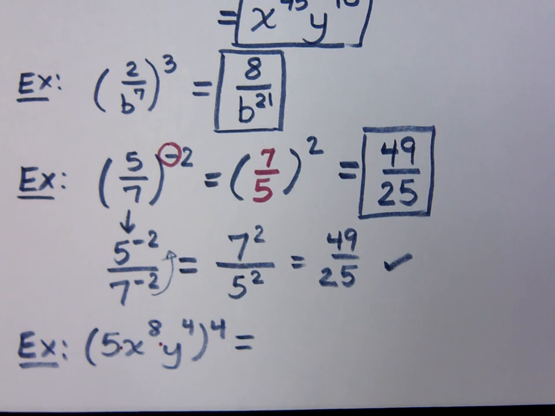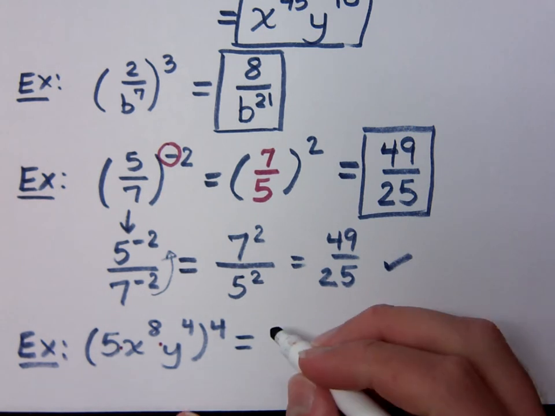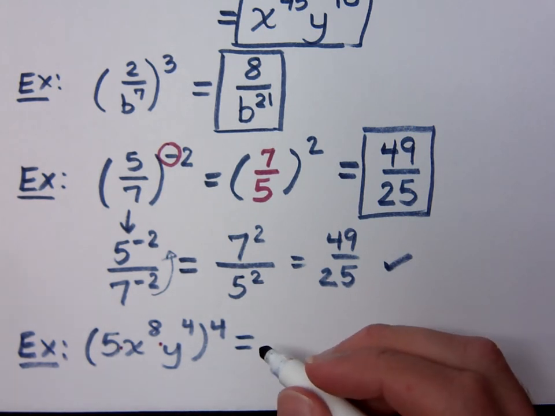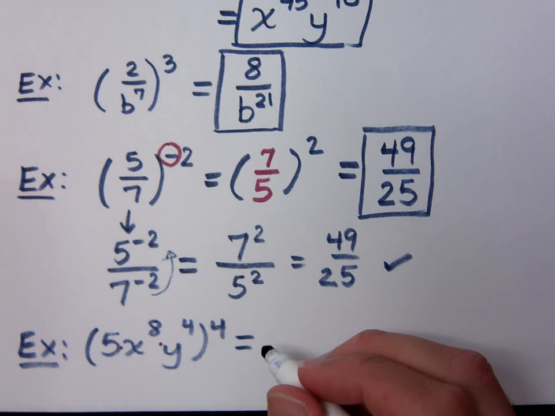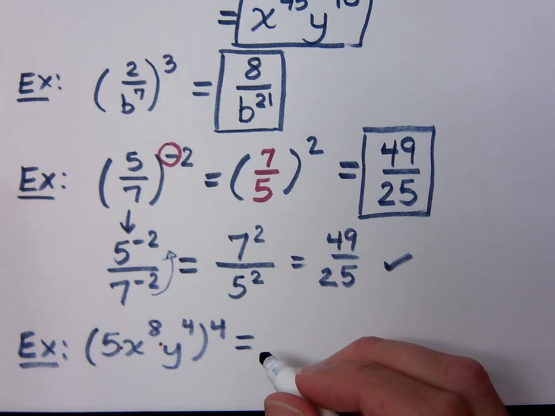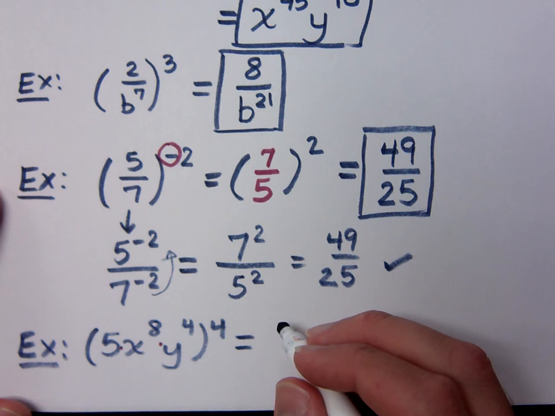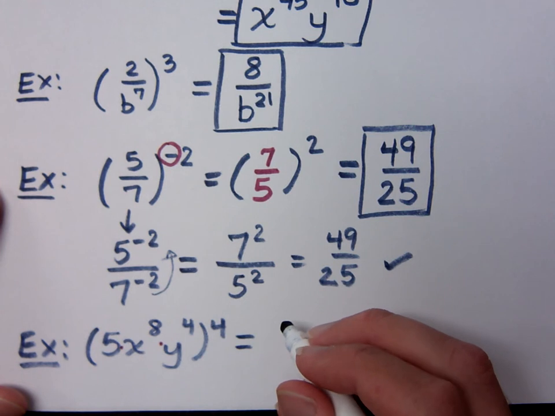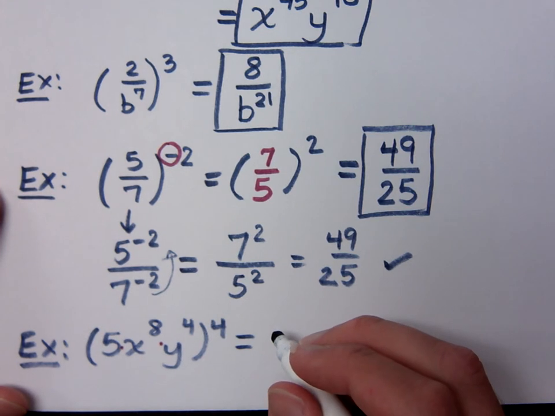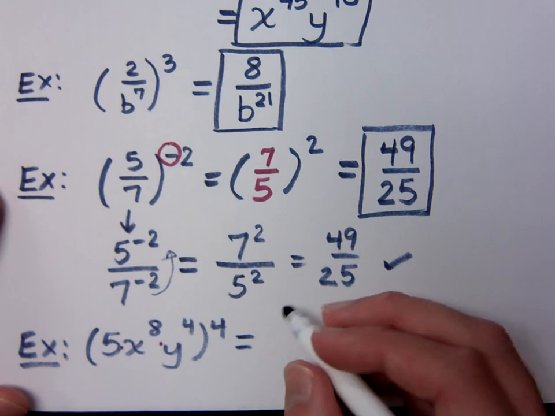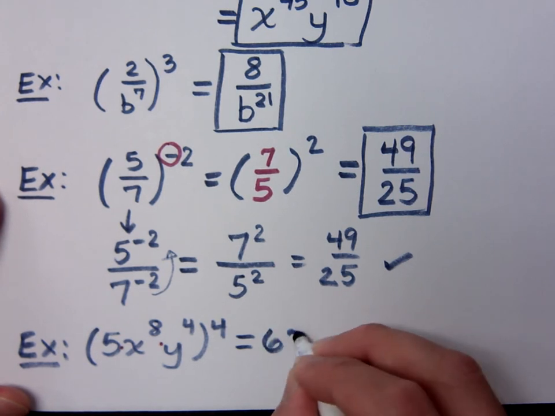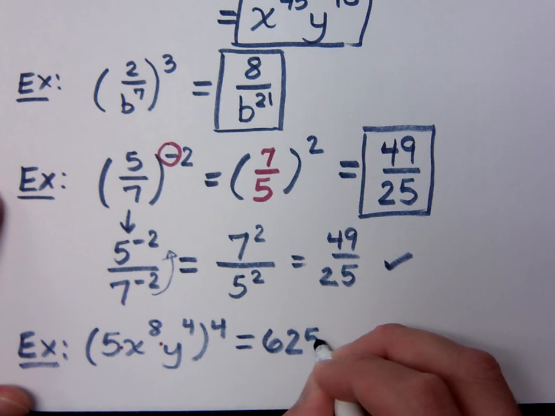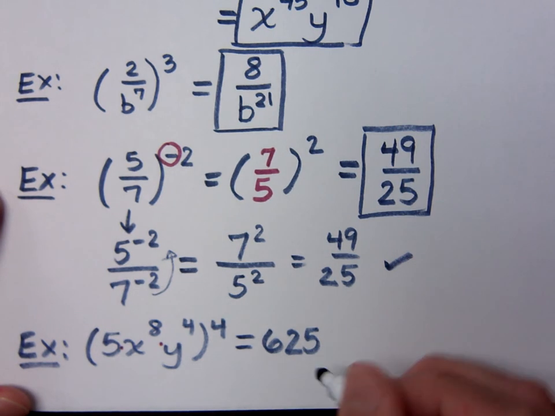What's 5 to the 4th? That's 4 factors of 5. When I multiply all of that together, what do you have? 5 to the 3rd is 125, right? 125 times 5 gives you 625.